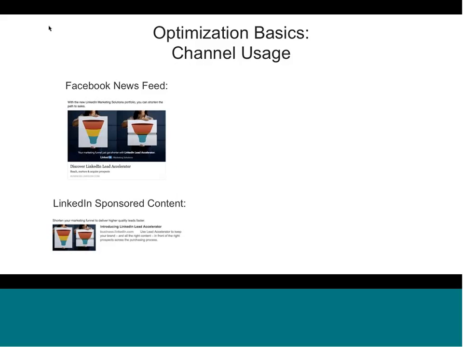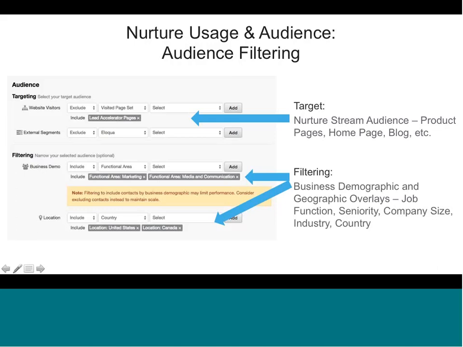Cool, and then how can I broaden the audiences I nurture? That's going back to our audience filtering. There's a couple of ways to do that. This goes back to whether or not you're adding filtering to your streams.